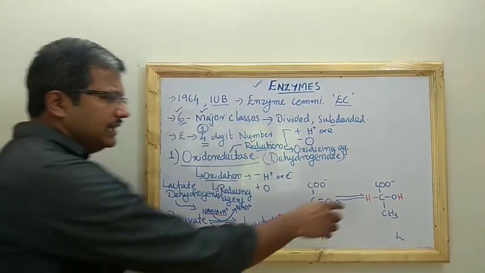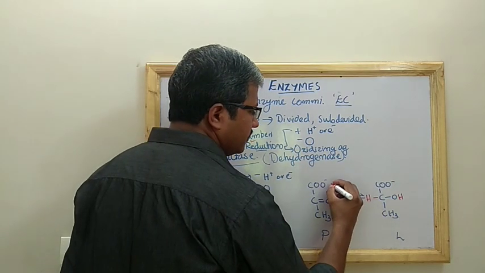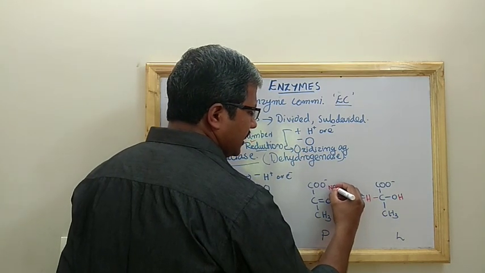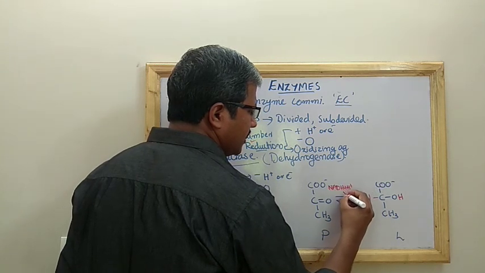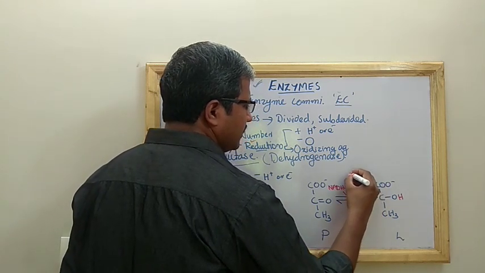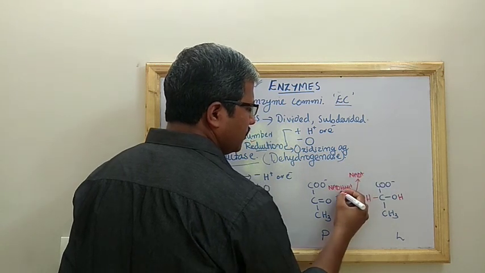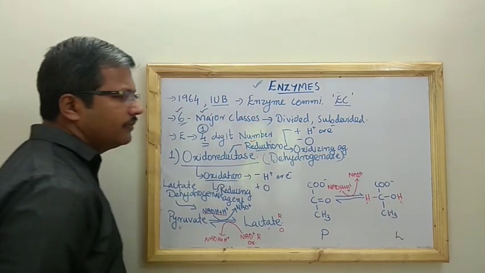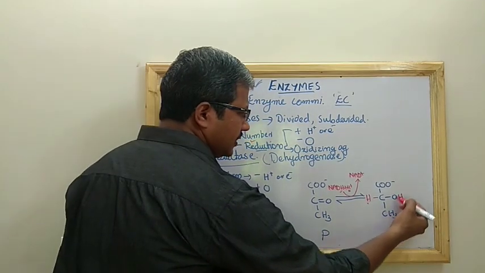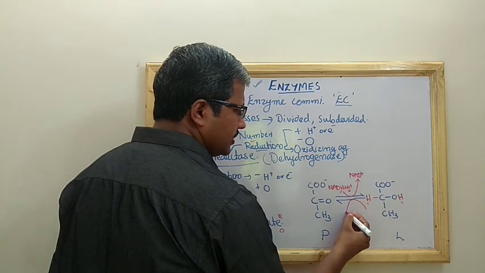Now from where this hydrogen comes, we have already discussed. It is nothing other than the NADH plus H plus undergoing oxidation. As a result, the NAD plus is formed. And this 2H is actually added at these points. In the opposite reaction, the lactate is acting as a reducing agent undergoing oxidation.